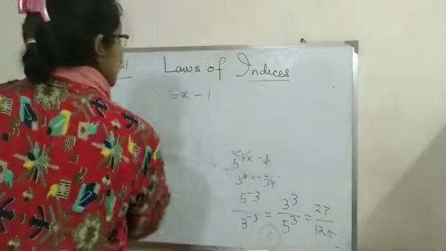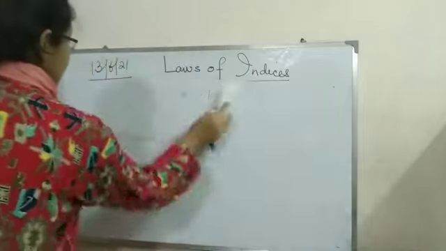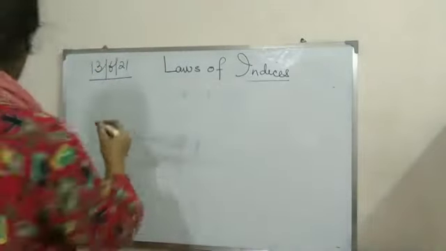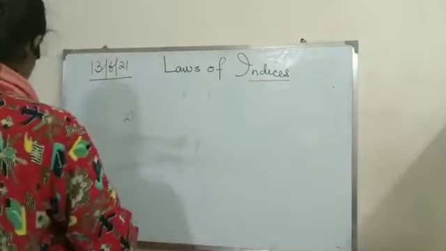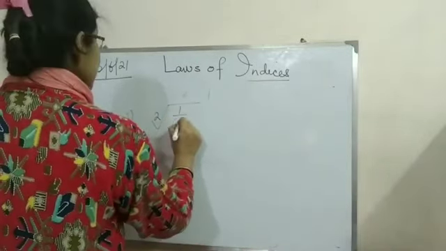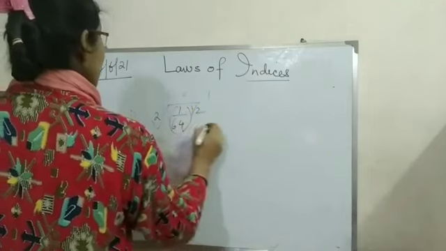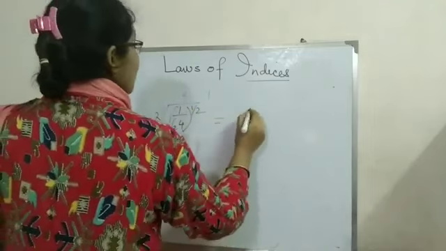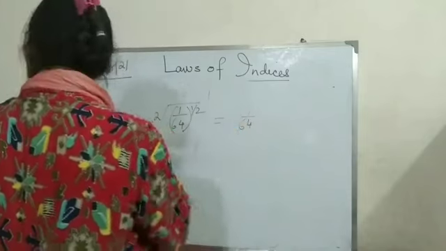And the second one is the second sum. 1 by 64 whole to the power half.